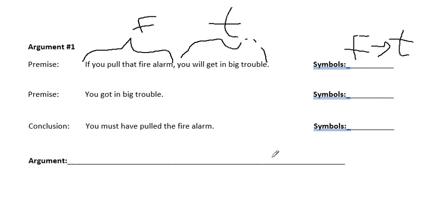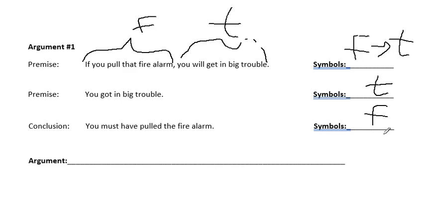The second premise is you got in big trouble, so that would be T, since T represents getting into trouble, and then the conclusion, you must have pulled the fire alarm, would be F. The argument is, does this premise and this premise imply the conclusion? If we're assuming that this premise and this premise are true, does that imply the conclusion? That's the argument.